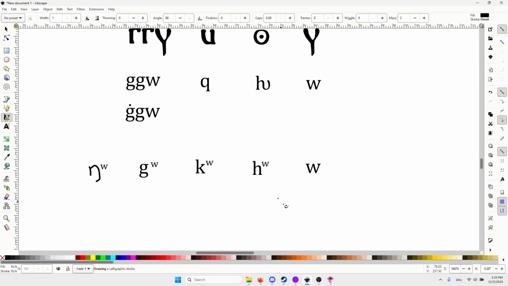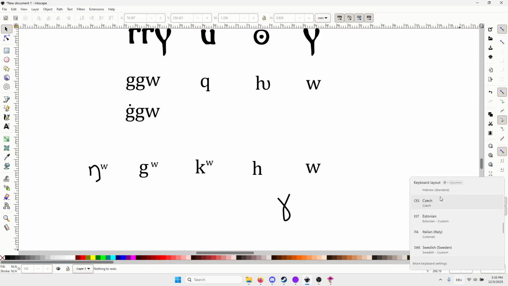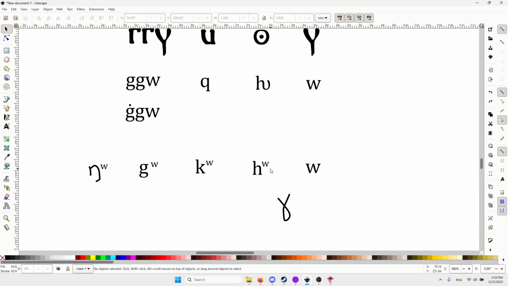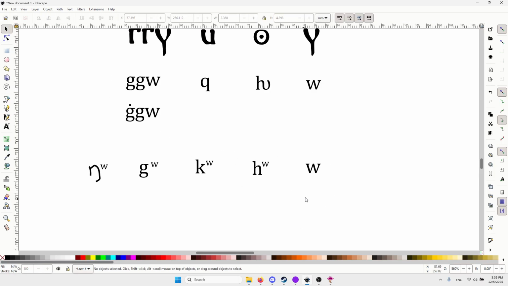I think it's written something like this, and it was the g sound, but then rounded, which merged with the W in later Proto-Germanic. So we don't need to worry about that.